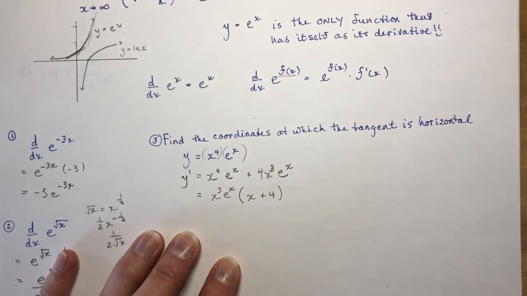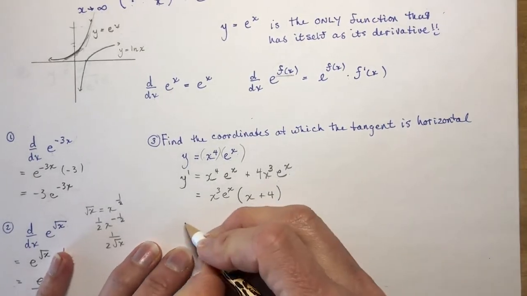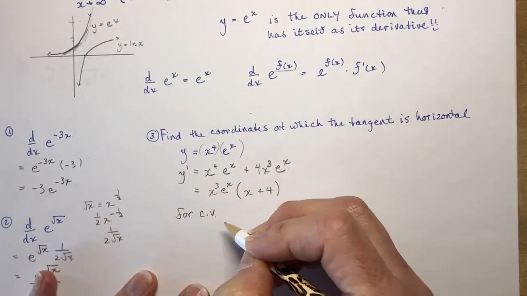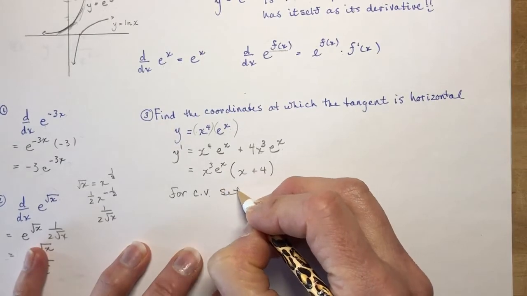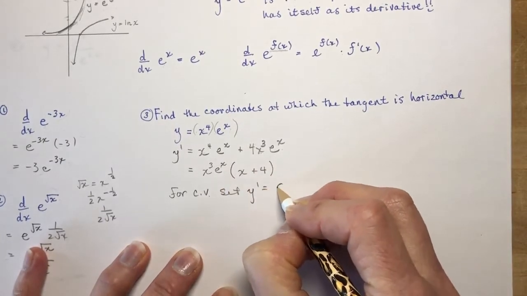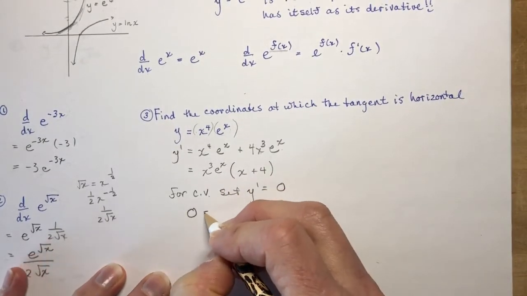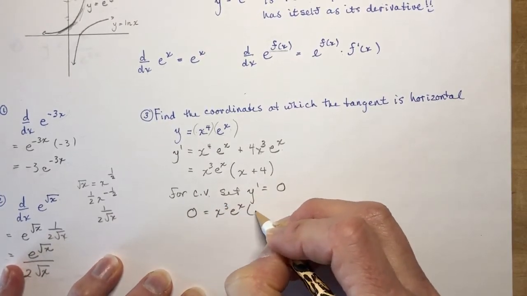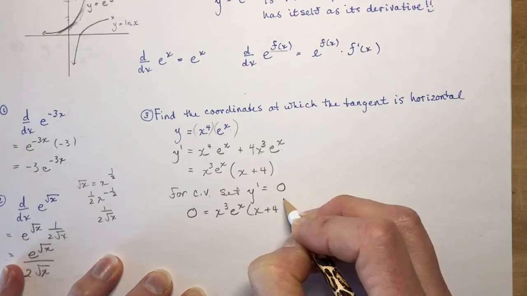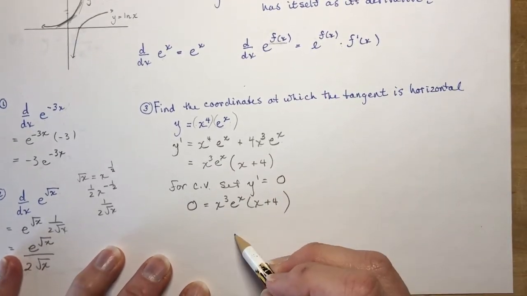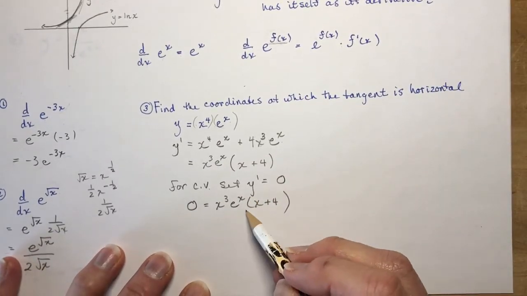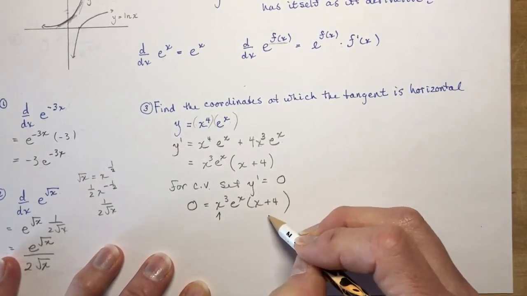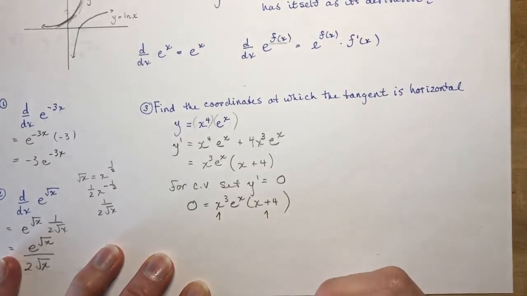So for critical values, we're going to set y prime equal to 0. So I get 0 equals x cubed e to the x times x plus 4. So you can see from here there's only two ways that I can make this 0. And that is if this is 0 and if this in the brackets is 0.